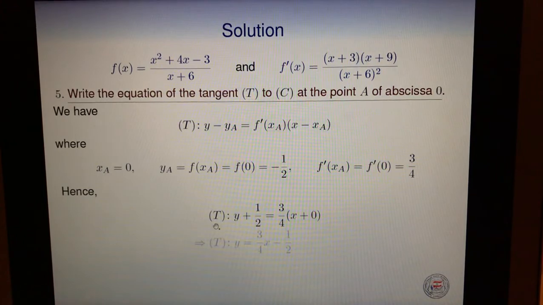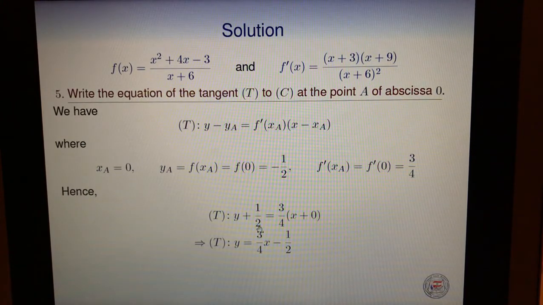So the equation of the tangent is now y plus half equals 3 over 4 times x plus 0. 0 is xa, 3 over 4 is f prime of xa, half is ya. Now take the plus half to the right-hand side. It will become minus half, and expand the term 3 over 4 times x plus 0. So this is the final form of the equation of the tangent, which is the equation of a straight line.